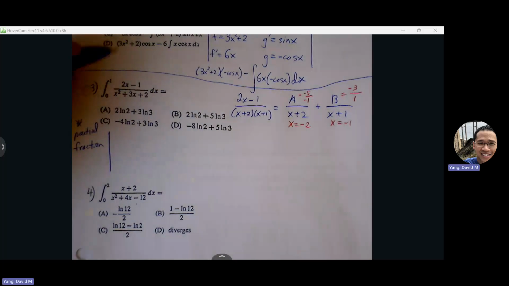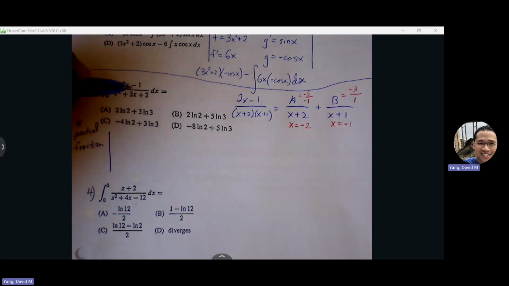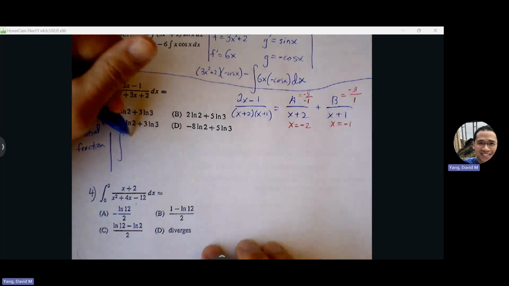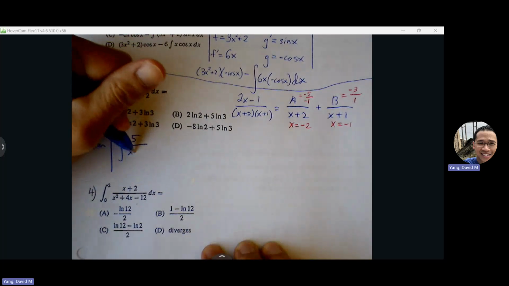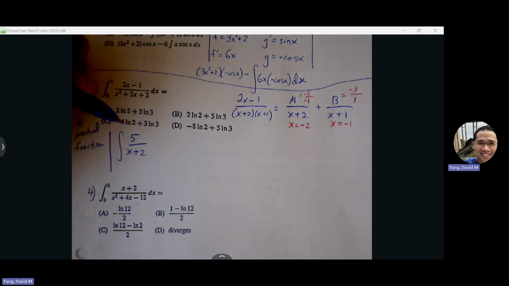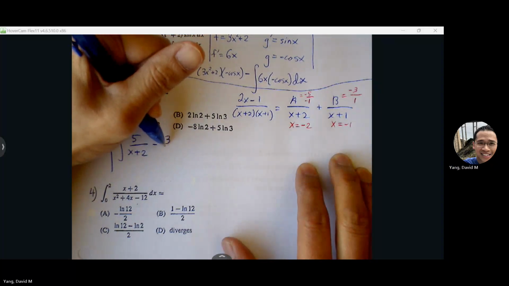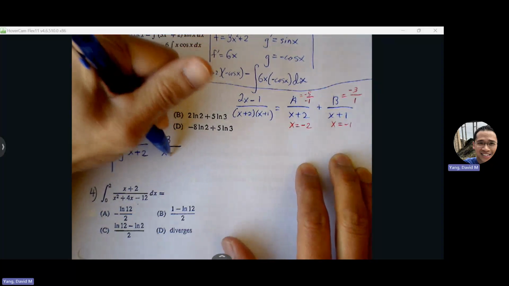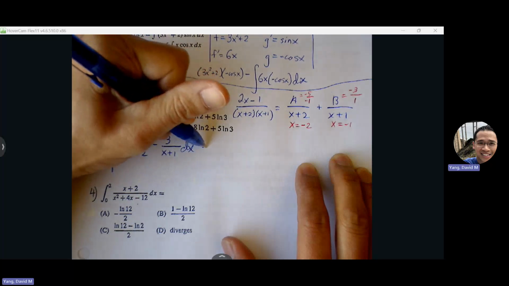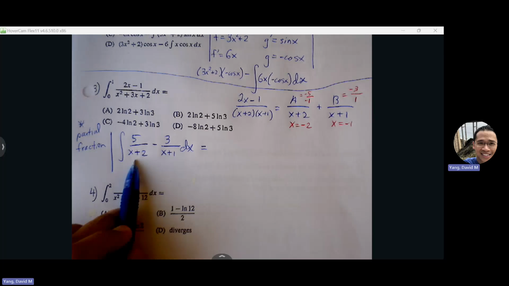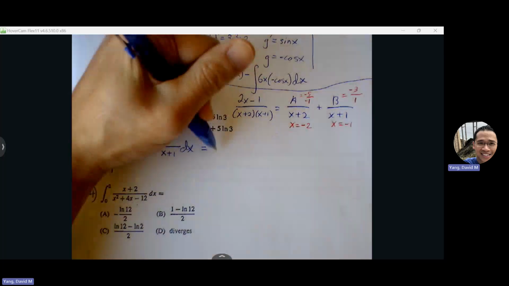So when you go through partial fractions, just remember that we haven't solved the problem yet. We just made the integral a little bit easier to resolve. So we just have to go through a little bit of u substitution and log integral to find our answer. So natural log for both of these.